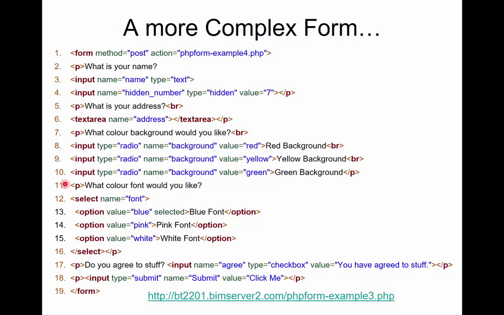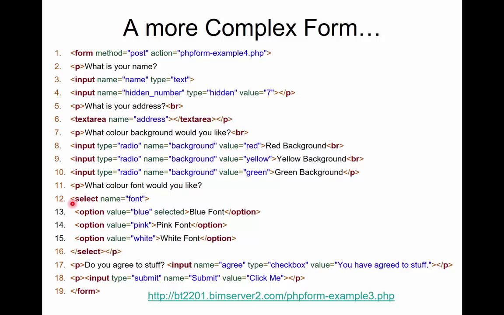Yeah, new paragraph, and we ask what font would you like. Select, what's select? Anybody remember what select is? Drop down list. So, 3 different options. If I click on pink font, what's the value? Pink. What's the variable name?